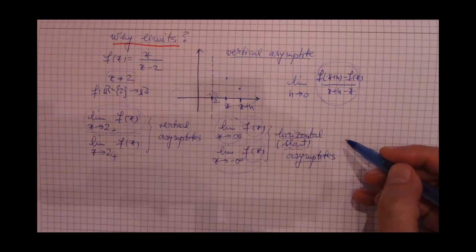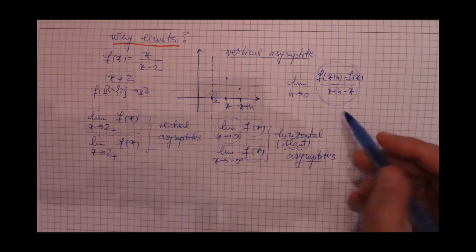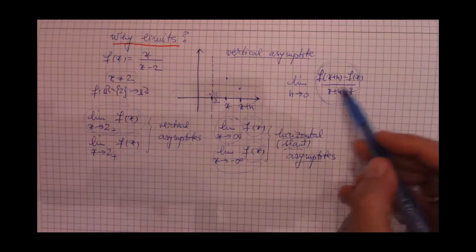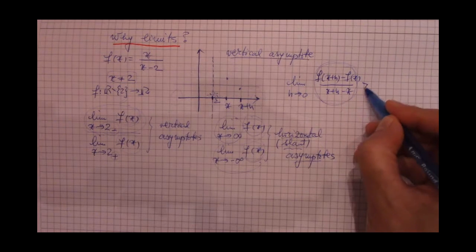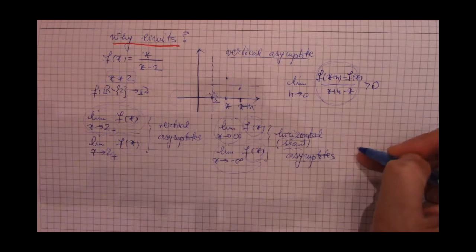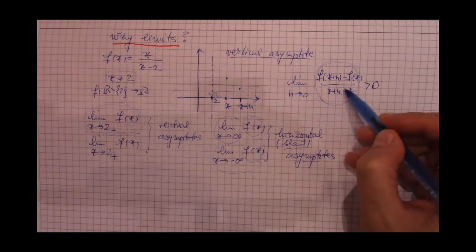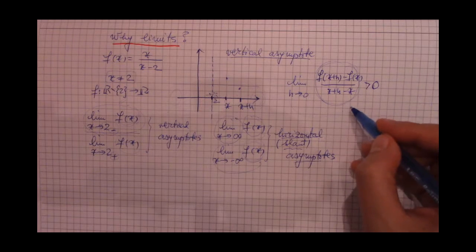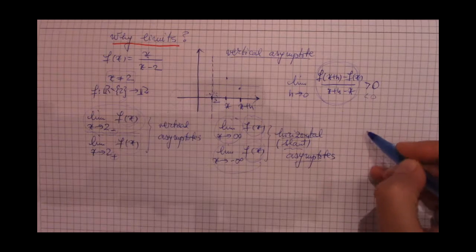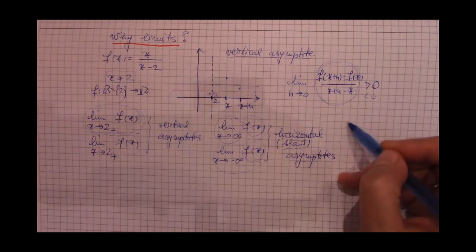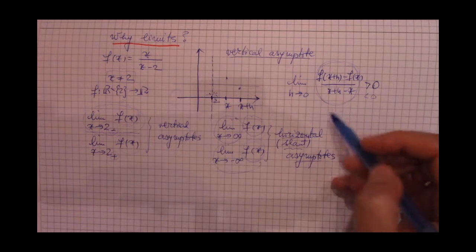In the case that we have a nice enough function for which this limit exists, this limit being positive will tell us that the function increases around x, and this limit being negative will tell us that the function decreases around x.